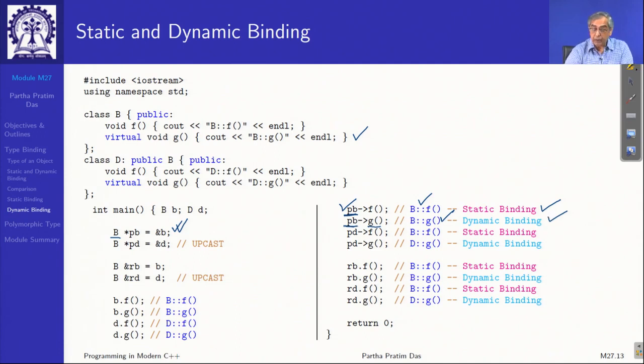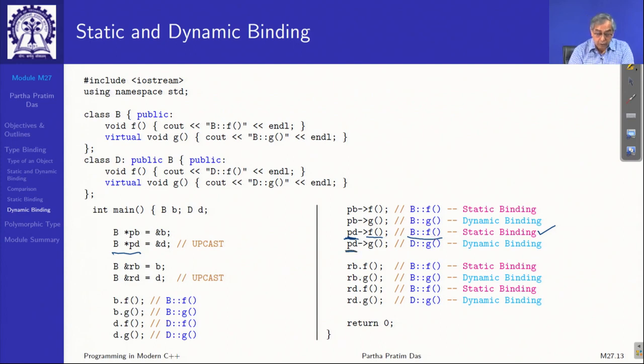Now, take a look at when we have p d. P d is of type base class, but it is actually pointing to a derived class object. So, when it does that for a non-virtual function, you have static binding. So, it is decided by the type of p d and B::f is called.